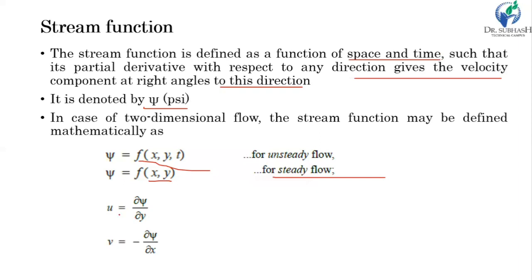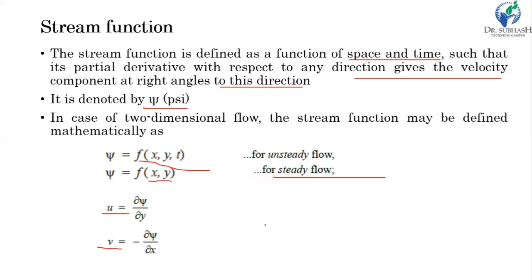So here the right angle is u, because in the y direction the velocity component is v, and in the x direction the velocity component is u. So here you get u as del psi by del y, and for v it is the negative of del psi by del x. The derivative of the stream function psi with respect to the x direction will give the velocity at right angle, which is nothing but the velocity component in the y direction, and it is negative here.